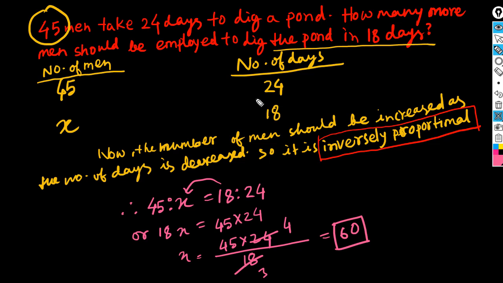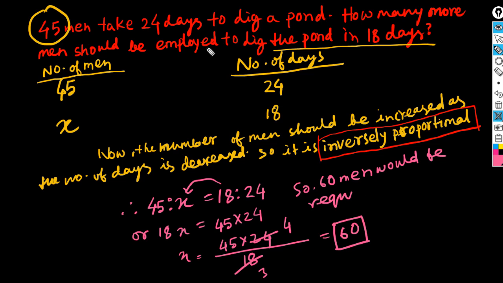You have to keep in mind that the question says employed to dig the pond in 18 days. So 60 men would be required to dig the pond in 18 days.